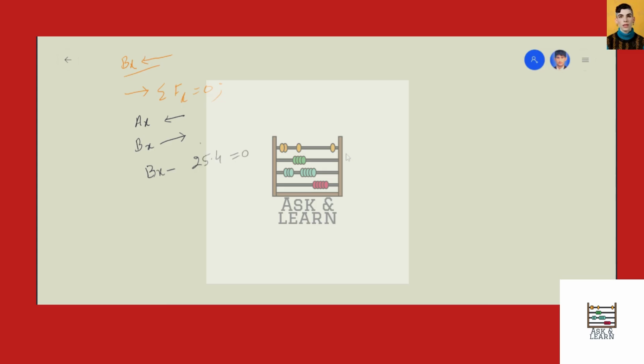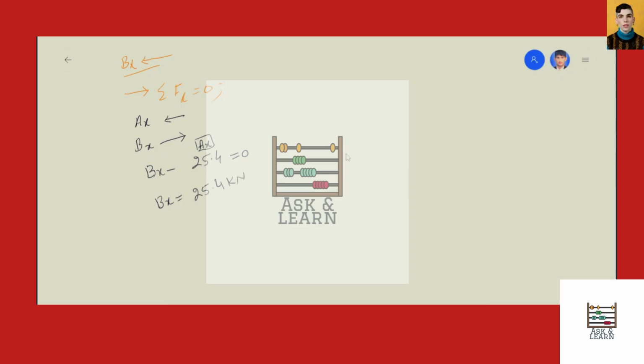This is actually the Ax reaction force. From this we got 25.4 kilonewton.